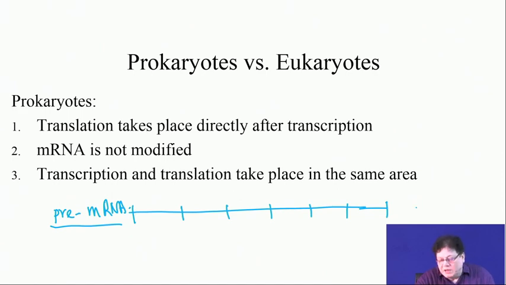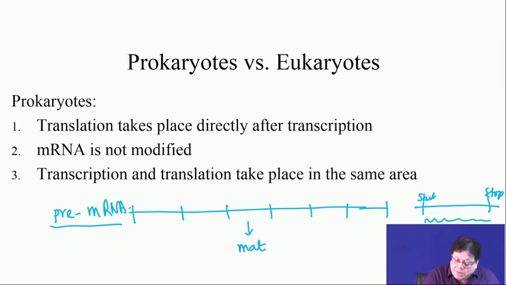In prokaryotes, the full mRNA, suppose this is your start codon and this is your stop codon, the protein will be made according to the codon sequence. But in eukaryotes, the pre-mRNA will have to be further processed to make what is called a mature mRNA.